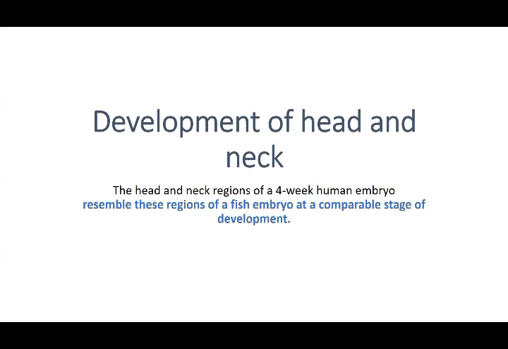At the fourth week of human development, the structure of the head and neck, that is the neck area, which is going to form all the different structures of the head and neck, resembles that of a fish. That is a fish embryo, which was there at that stage. That is something we call gills, that is seen in this.